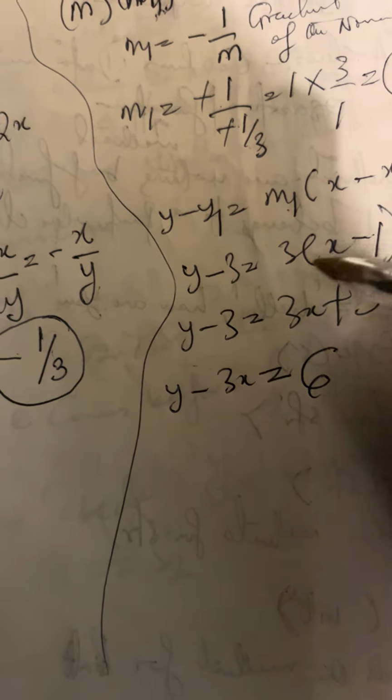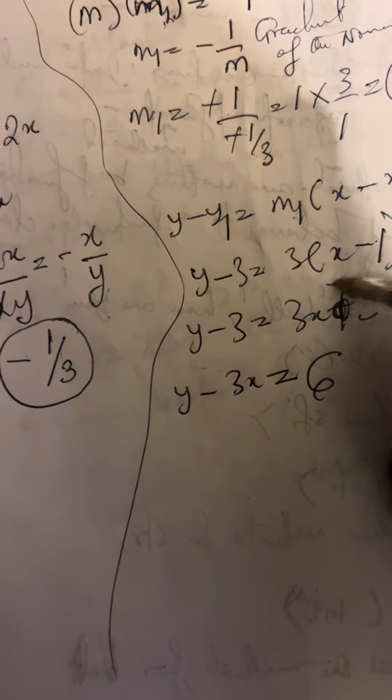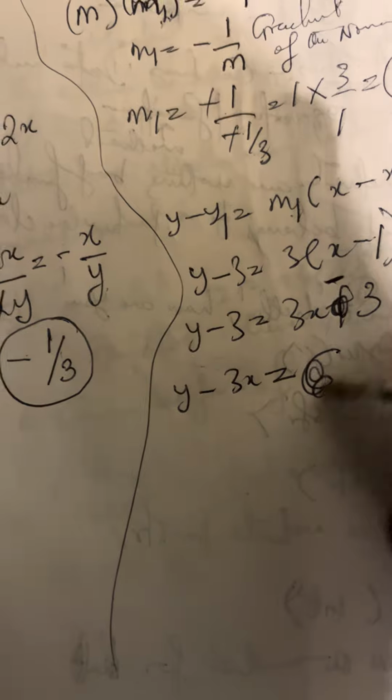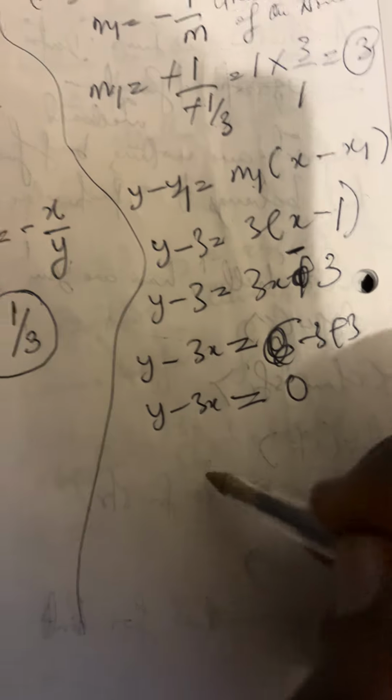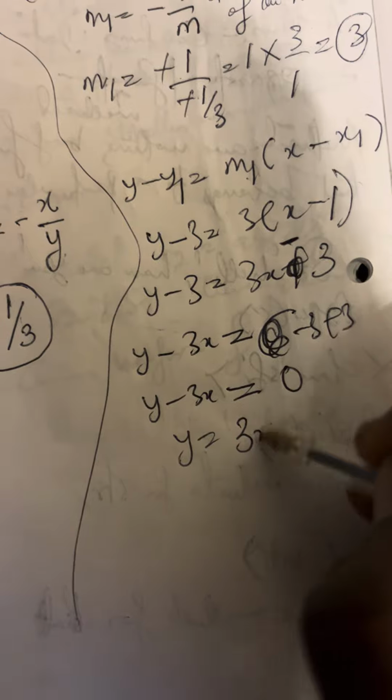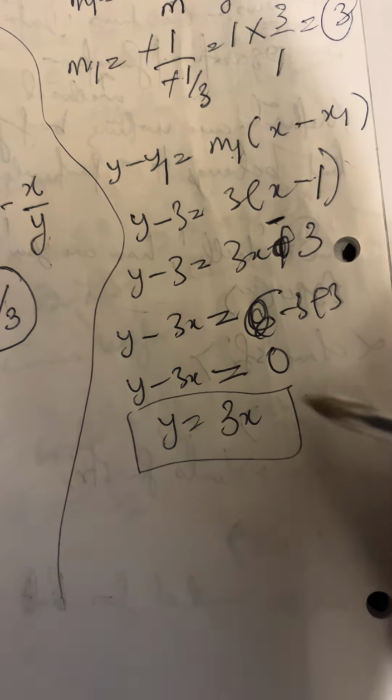Okay, there's a mistake here. 3 times 1 is minus 3, sorry. So we collect like terms together: y minus 3x equals 3 minus 3, that is 0. So y minus 3x equals 0. You can say y equals 3x.